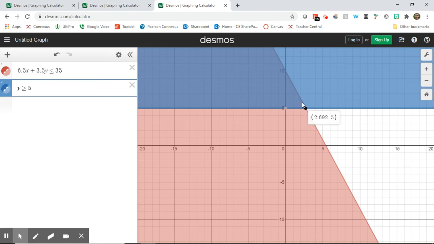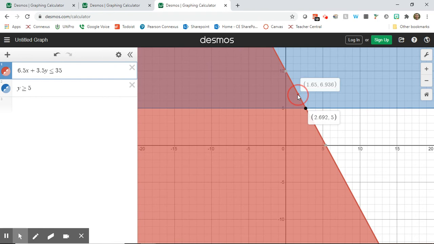So we could buy 2 bags of chicken wings, and if we're able to buy in portions of a pound, at that point right there we could buy 2 bags of chicken wings and a little over 6 pounds of hamburger meat, and that would be our best situation. But really anything in that purple area would fit our constraints and be a possible solution.